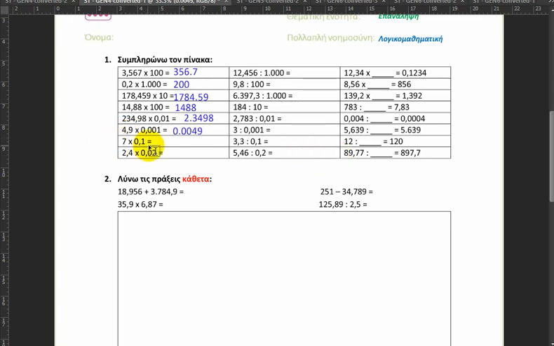One skips to the 4 and the other 2 become zeros. Here we get 0.7. This is going to be 0.048.